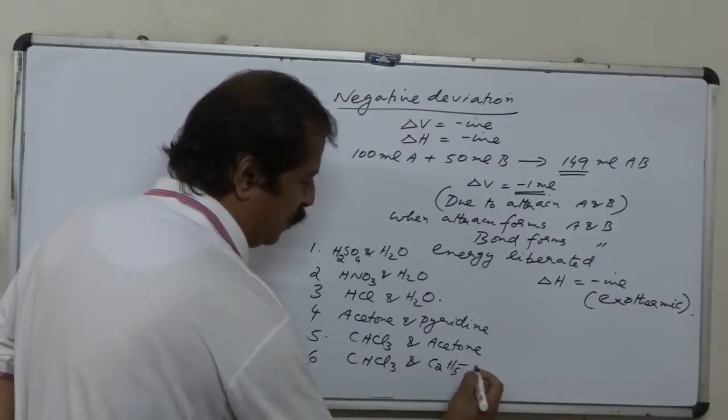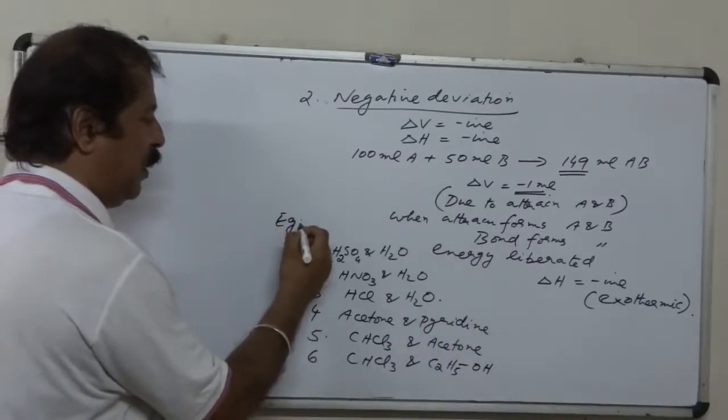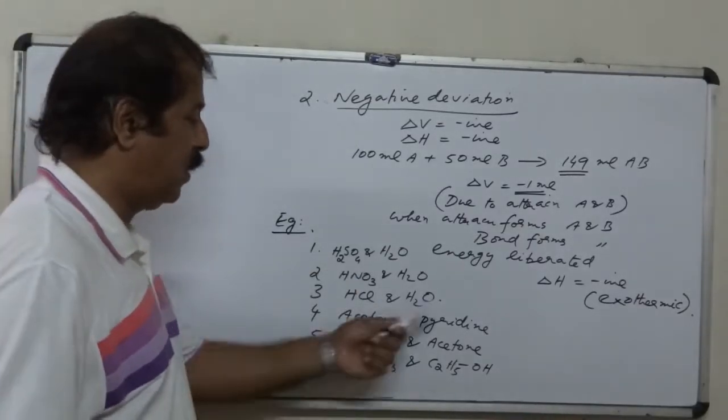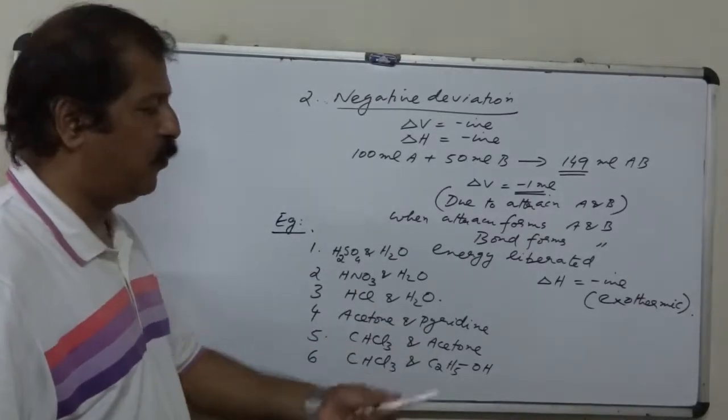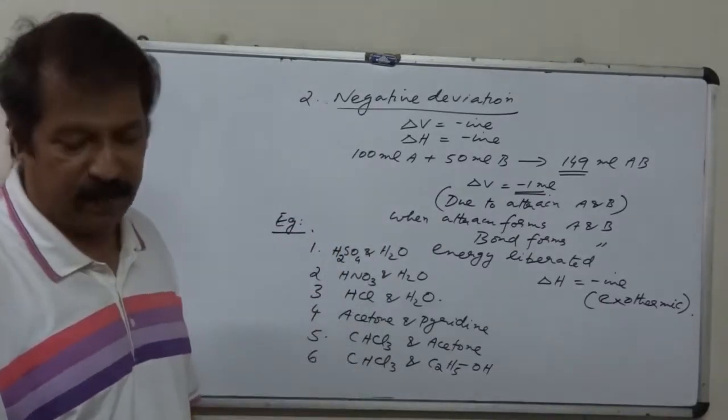So these are examples of solutions which show negative deviation from Raoult's law.